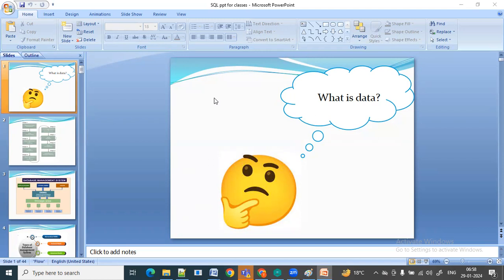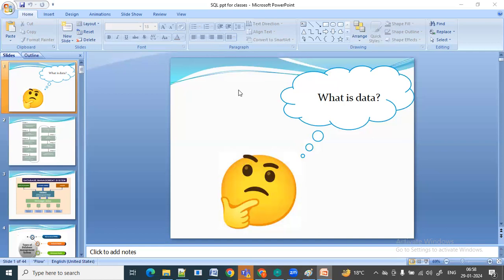Let us assume a laptop. A laptop has an existence in this world, so a laptop is an object. Object will not differentiate between living things and non-living things. If that particular thing has existence, it is nothing but an object.